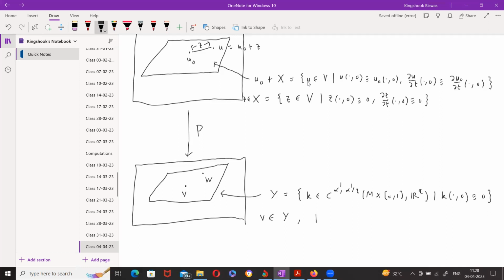And if I take P of U naught plus Z, this also belongs to Y, if Z belongs to X. All right.